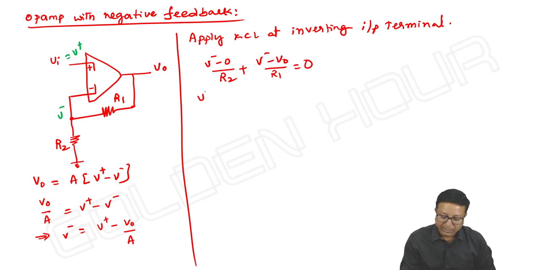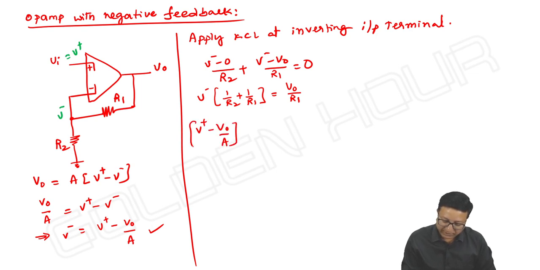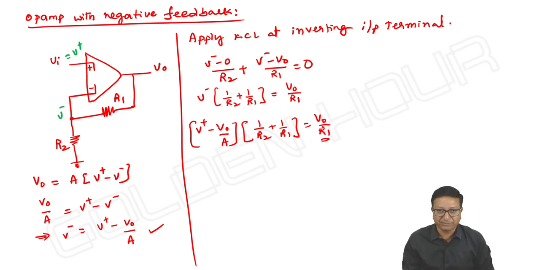Very simple. Let us write V minus terms on one side and V output terms on the other side: V minus into (1 by R2 plus 1 by R1) is equal to V output by R1. But what is V minus from this? It is V plus minus V output by A, multiplied with (1 by R2 plus 1 by R1), is equal to V output by R1. Let us bring this R1 to the right hand side.